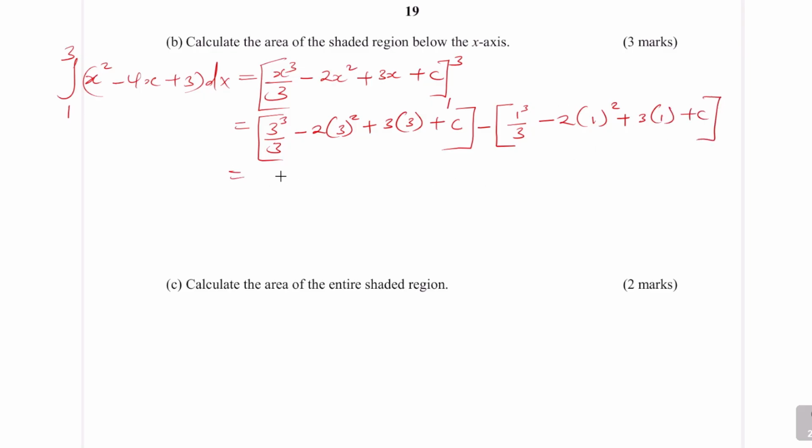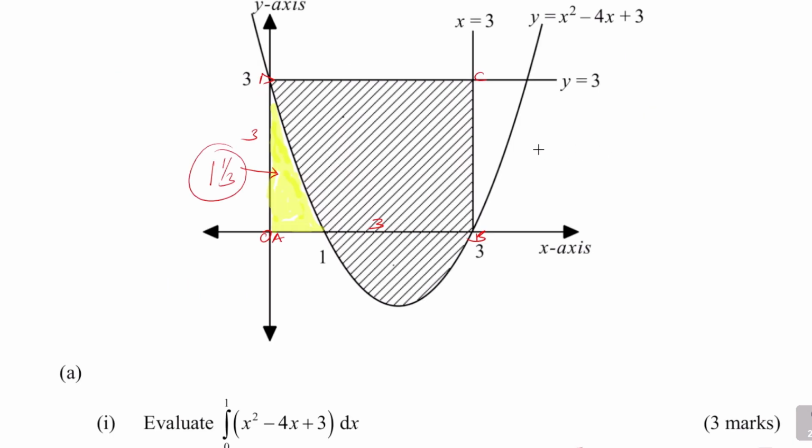Once we do that, we can simplify these. 27 divided by 3 is 9. Then 2 times 3 squared, that is 9, that is 18. Then plus 9, then plus c. We already substituted 1 in the previous part.